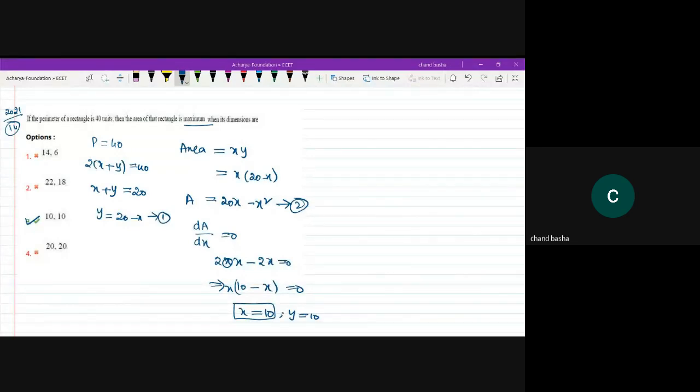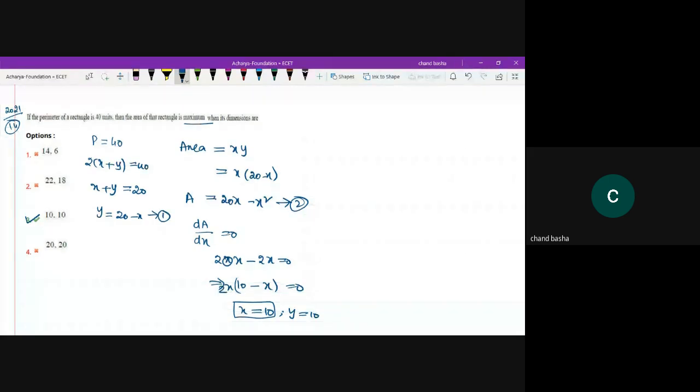So these are all the questions from 2021, and similarly we can have 22 also. Yes. On differentiation we get 20 minus 2x, so 20 minus 2x is equal to 0. Take 2 common, 10 minus x. Correct?